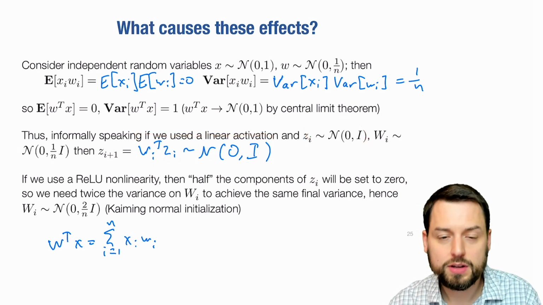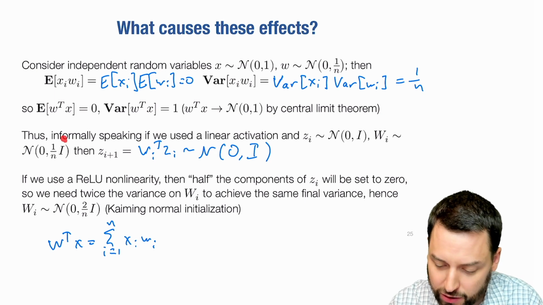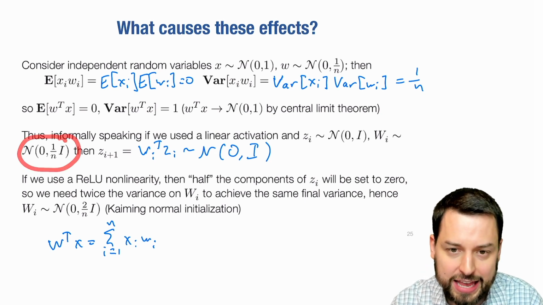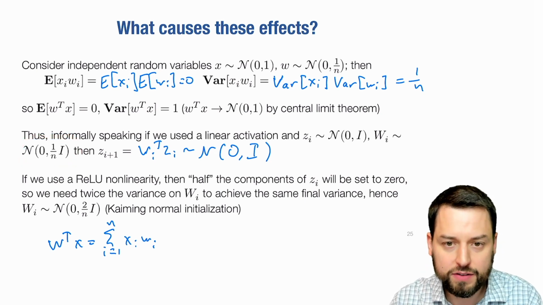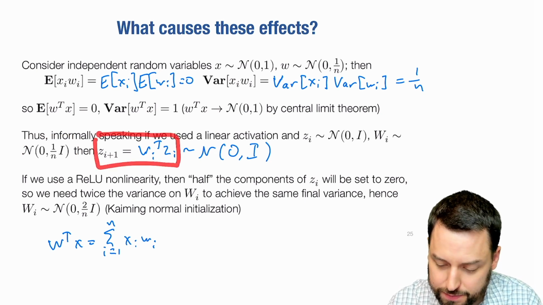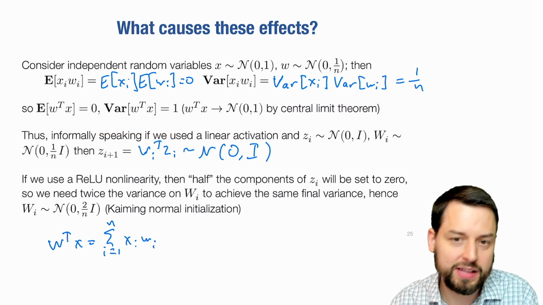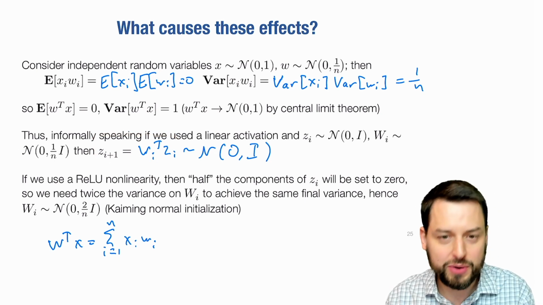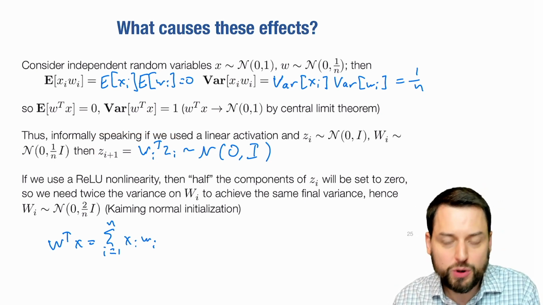In other words, choosing this particular initialization maintains the variance of subsequent layers if this is our update. Now, that's not a very interesting update. That's a linear layer, and there's no point in doing that. But that's what it would be.